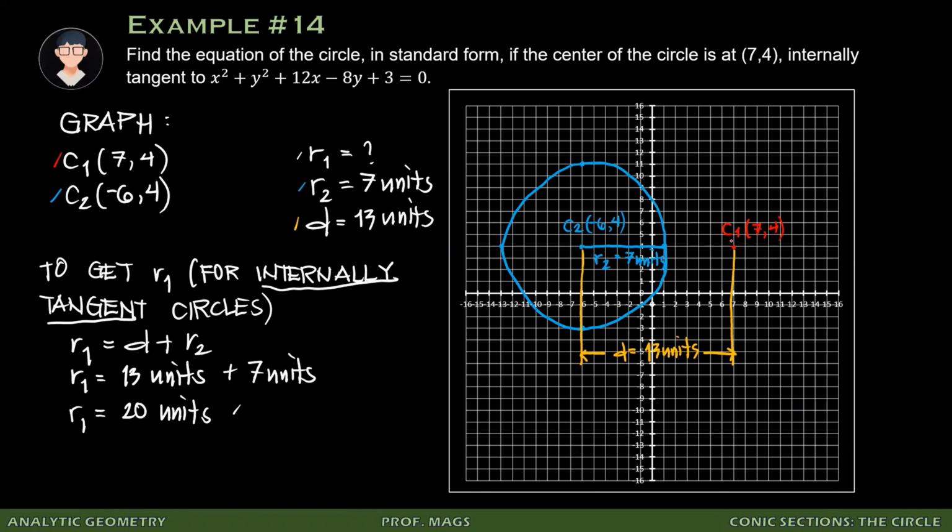Okay? So, pilan lang tayo ng 20 units to the left. 1, 2, 3, 4, 5, 6, 7, 8, 9, 10, 11, 12, 13, 14, 15, 16, 17, 18, 19, and 20.